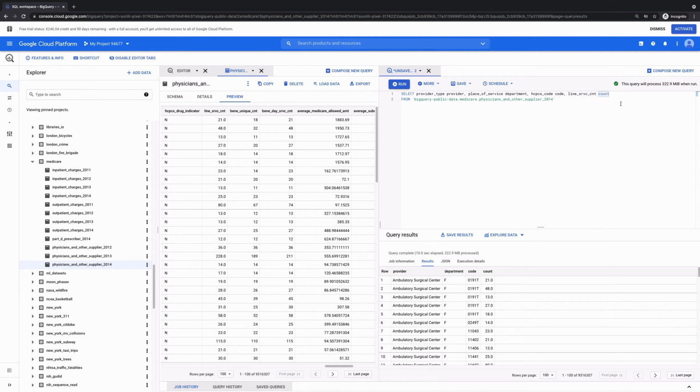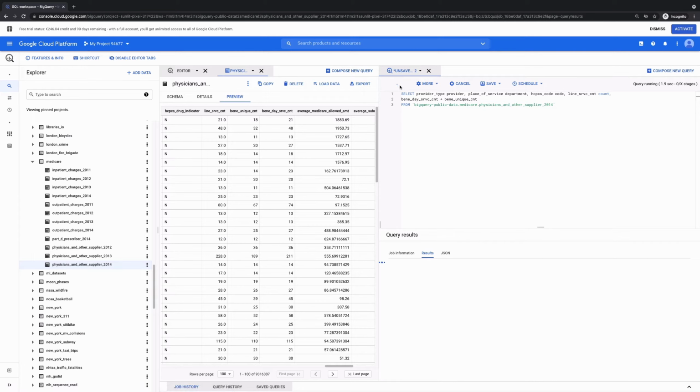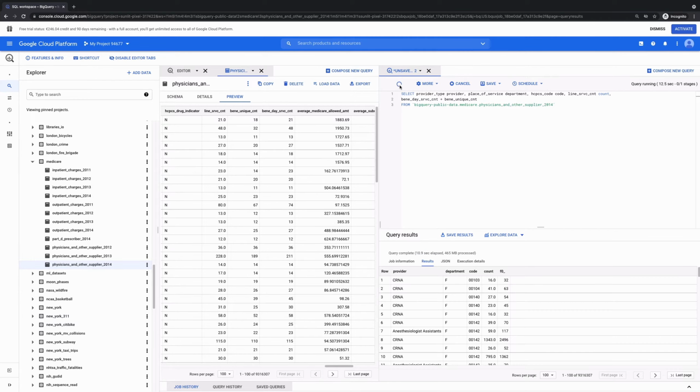So we put another comma and then say Benny_day_service_count plus Benny_unique_service_count, and then we run.